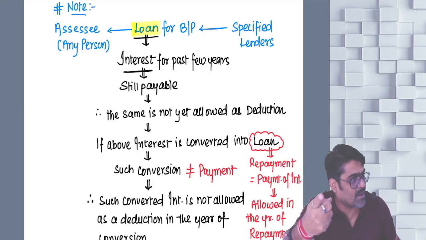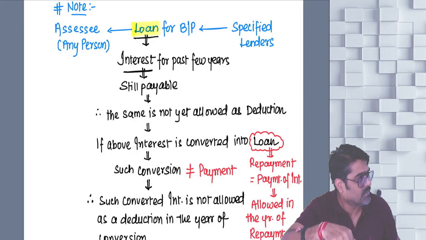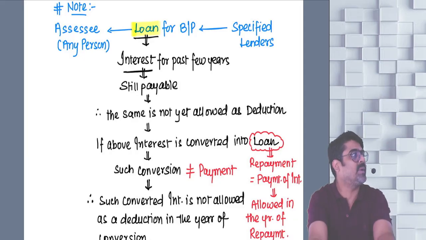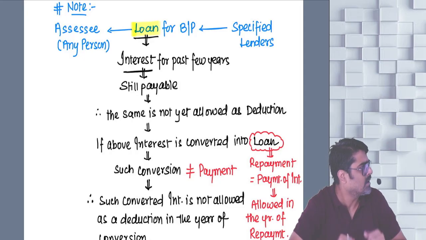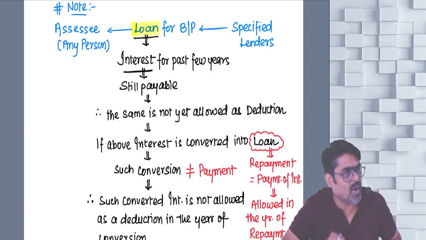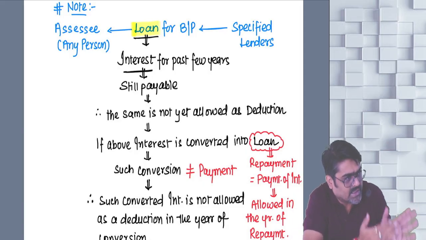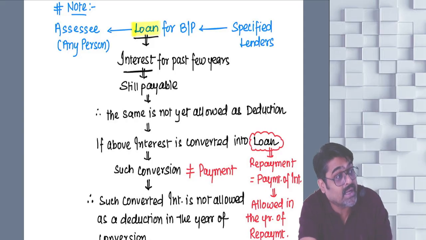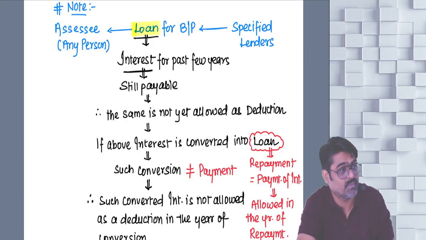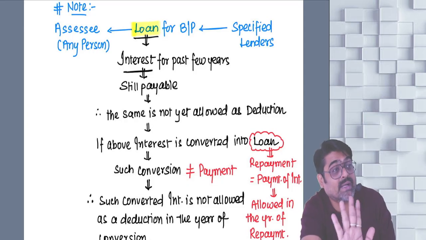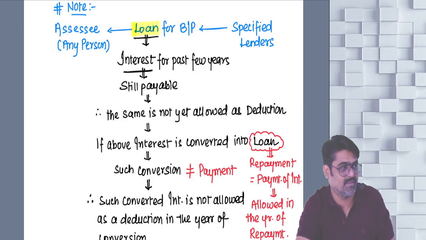So it will not be allowed as a deduction. You cannot say, see, now it is paid. No. Where is it paid? The money is not going from your pocket. The 3 years interest is getting converted into loan. That conversion is not treated as payment.